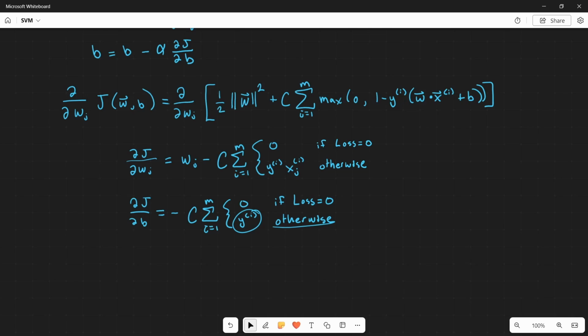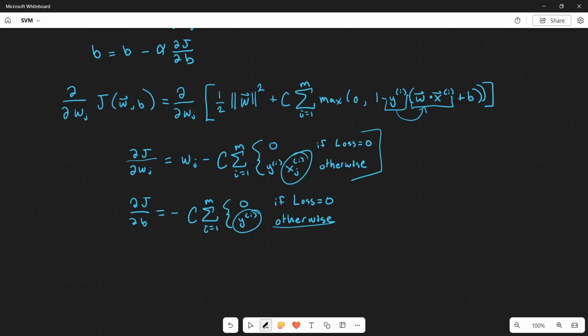And again, the reason we're adding just y at i without any x variable attached to it is because in our cost function, we're looking at y at i, and that gets distributed to b. So the only coefficient during the derivative is going to be y at i. Whereas if we looked at this top equation, our partial derivative is going to give us y at i times x at ij, because in our cost function, y at i is being distributed to this whole term right here.